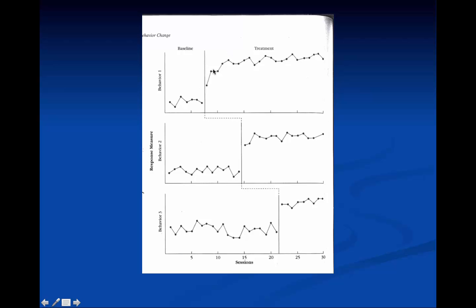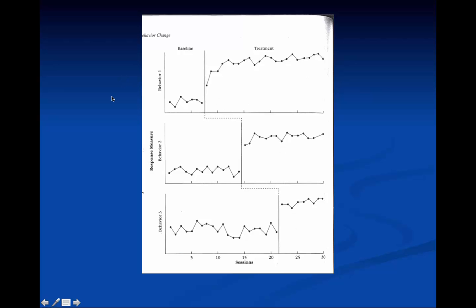But then the key is, and we'll talk more about this, when the intervention was implemented on the first behavior, there was a change, but the baseline remains the same in the second and the third behaviors, and you don't get an increase until you introduce the intervention.